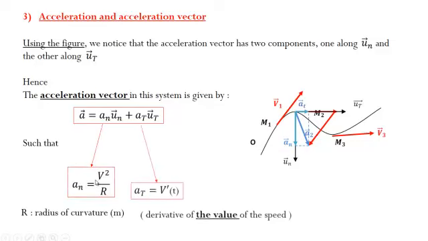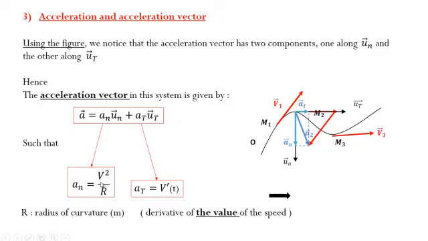An equals v square over r, the value of the speed squared over r, and at equals the derivative of v. It's very important to notice it's the derivative of the value v, and not the derivative of the vector. This is called the normal acceleration, and this is called the tangential acceleration. In order to find a as a whole value, a equals the radical of an square plus at square.